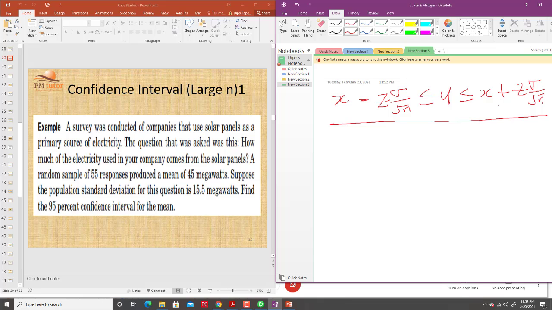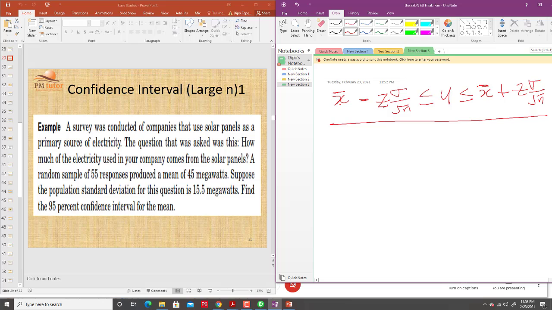Okay, so to calculate this, we already know that we want to find the 95% confidence interval. We already know what the x is. The x here will be the x bar actually, which gives us the 45 megawatts.